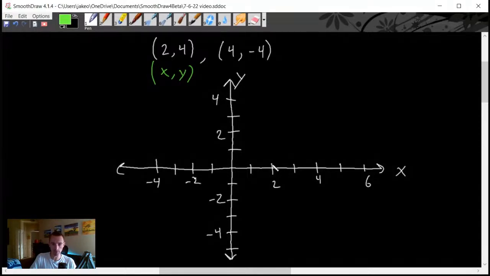Then we know that our point is going to have to be somewhere up above this point right here. In this case, our y coordinate is 4, so we go from x equals 2, y equals 0, up to y equals 4, and that puts us right here. Okay, so that's our first point.